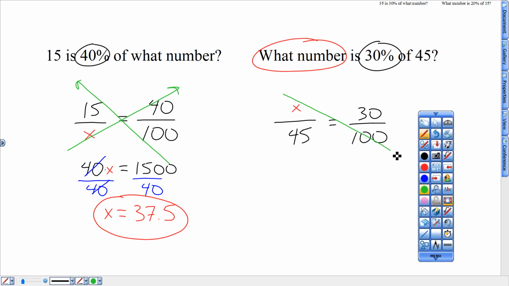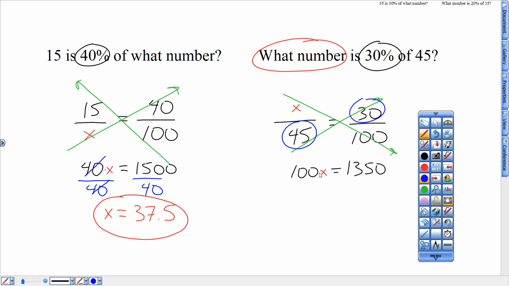Put that unknown as an X. Crisscross multiply, knowing that anytime you multiply times an X, you write it 100X, and then you always have an equal sign in the middle, and then you multiply these two numbers to get the next number. 45 times that 30 gives me 1350.